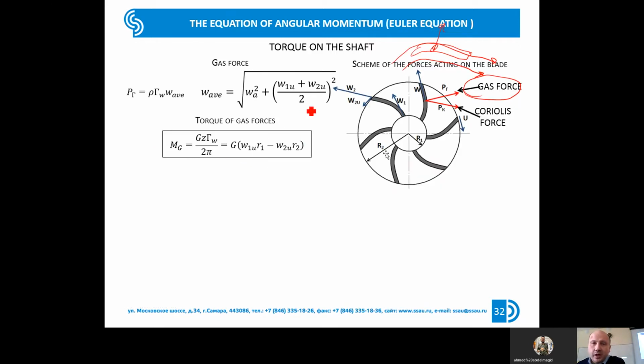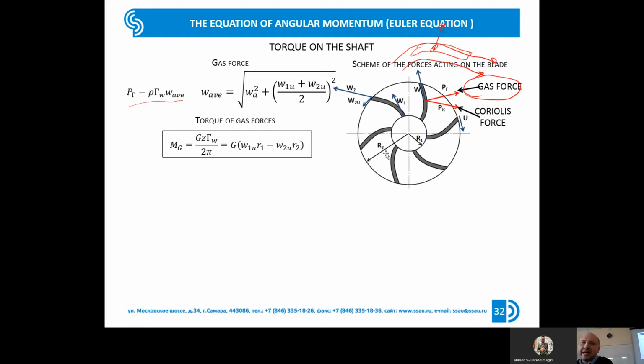It's the first moment. You can calculate this force using such a formula. We will not look carefully at this formula because it comes from aerodynamics. As far as I remember, this formula is called the Zhukovsky equation for the lift force. It's like for the wings.